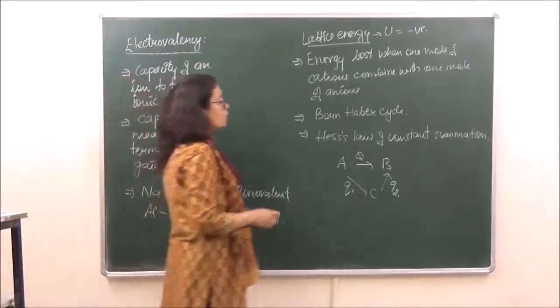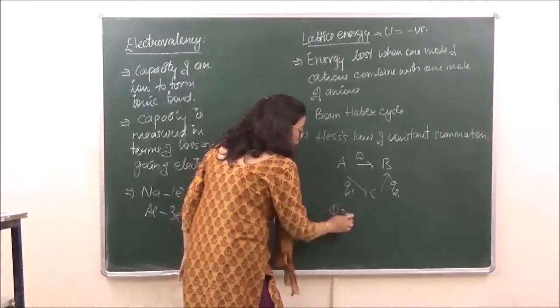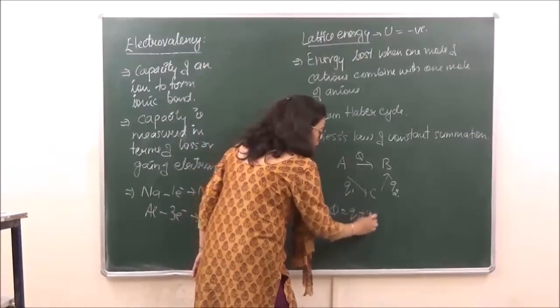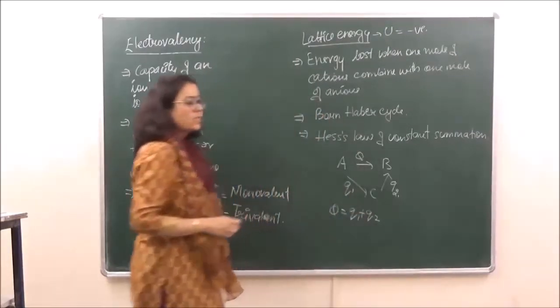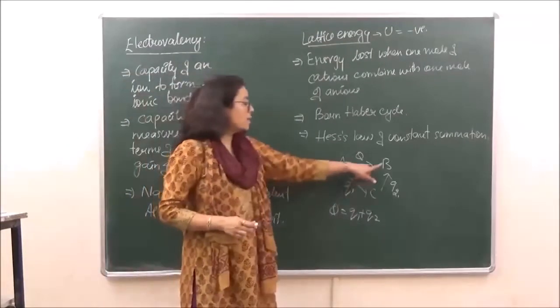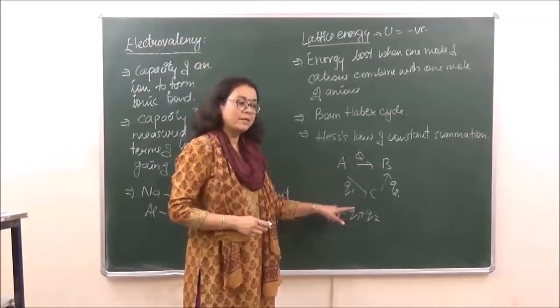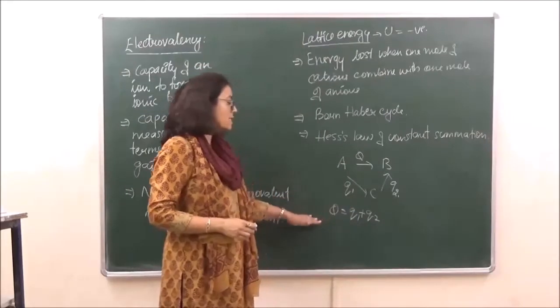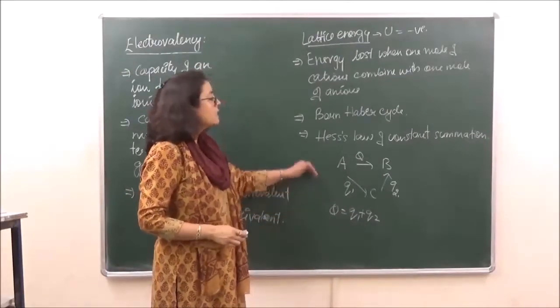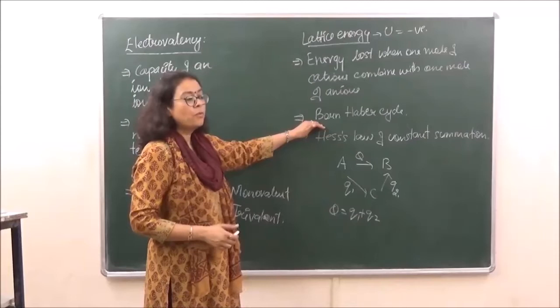According to Hess law of constant summation, Q is the sum total of both the energies in which we go to the main product through an intermediate.